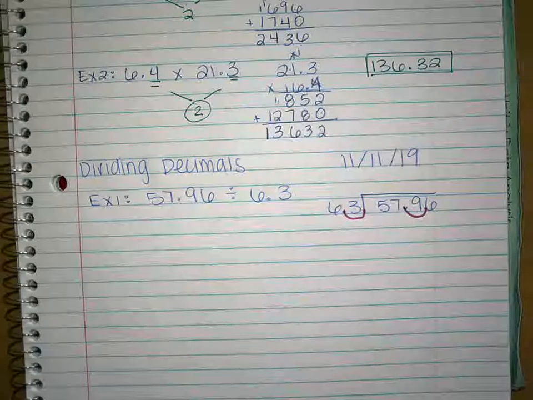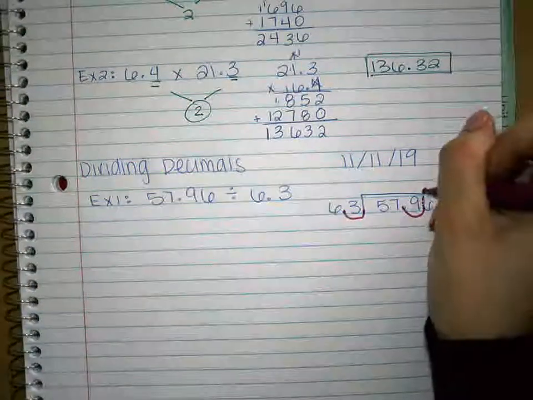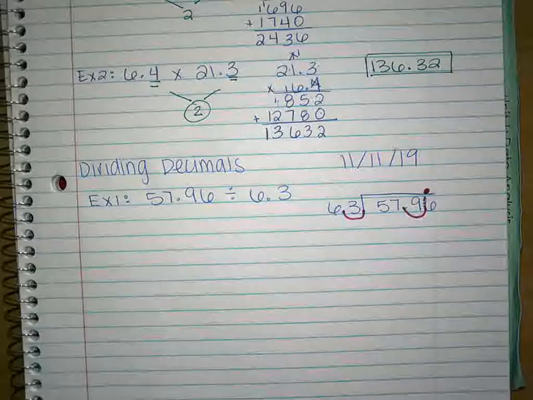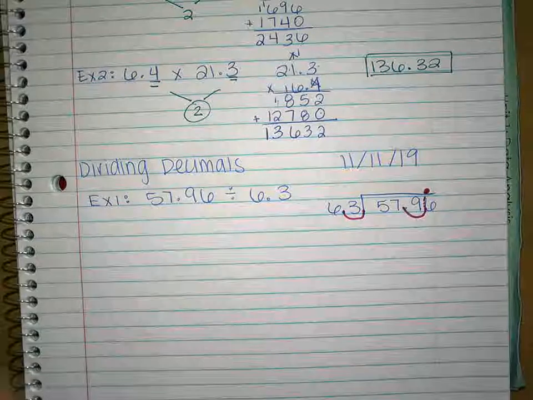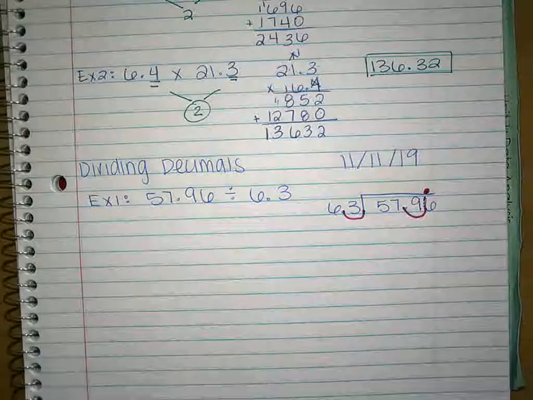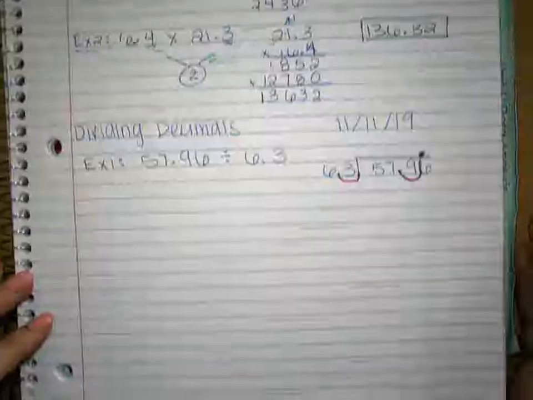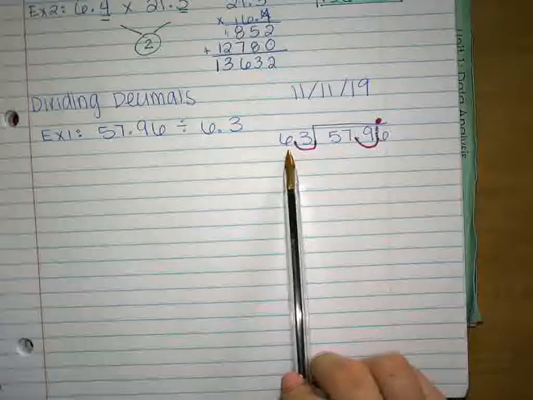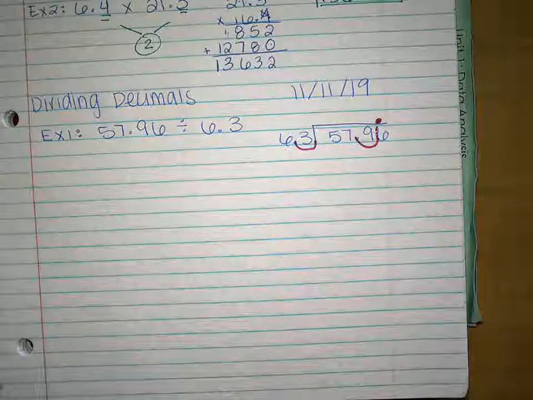Now, if you want, could I technically go ahead and put my decimal up here right away? Absolutely. That's something that I've always done, just so that I know here is where my decimal goes. I can't hopefully mess it up then. So now it's figuring out, guys, how many times does 63 go into 579? Figure that out for me.